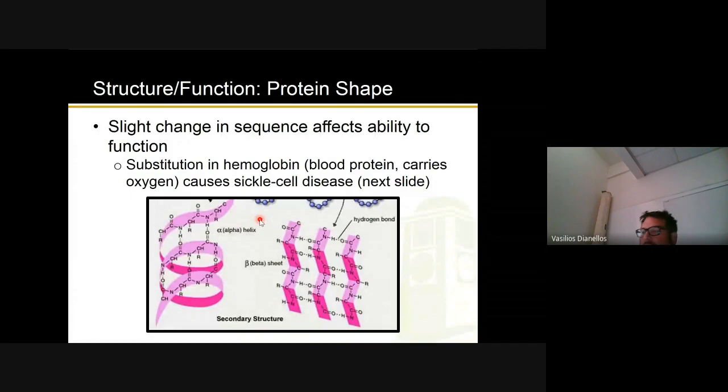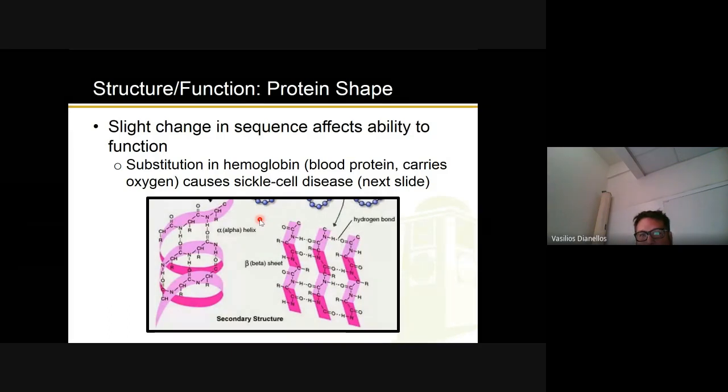As I've kind of alluded to earlier, if you have a slight change in the sequence of amino acids, like I pointed out earlier, if you change that cysteine, then that thing's no longer going to be attached to that. That will affect the ability for the protein to function. So here's something you need to know, and you can write this down if you're taking notes. A protein's function is determined by its shape. I know we've been talking about structure and function this whole chapter, and even a little bit in the last chapter.